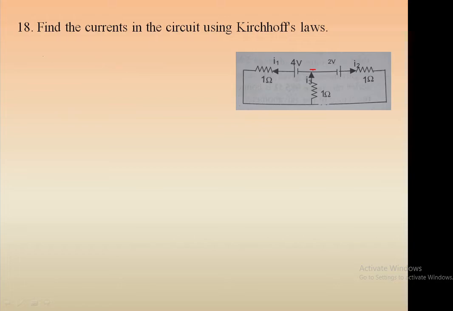So I3 is equal to I1 plus I2. That is equation number 1. Now apply the junction rule and the loop rule in the left loop and right loop. Here also we are going to take the anti-clockwise direction as the positive direction.